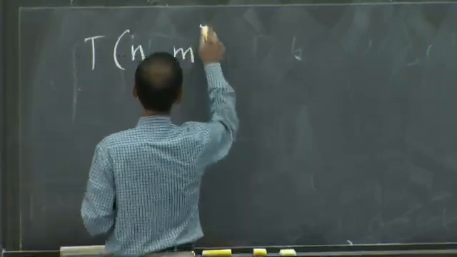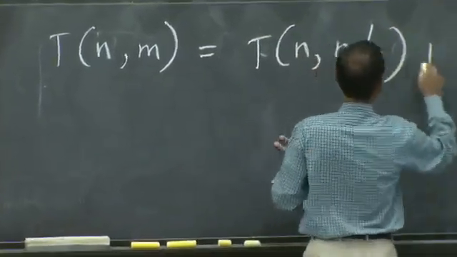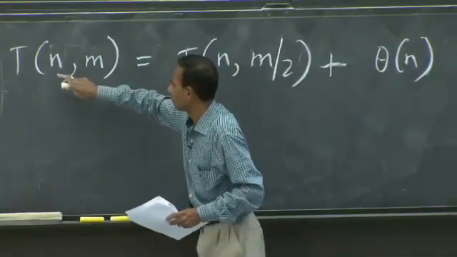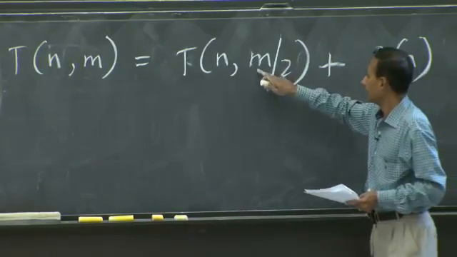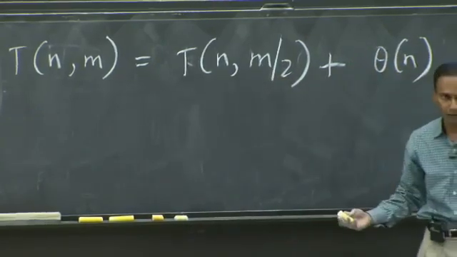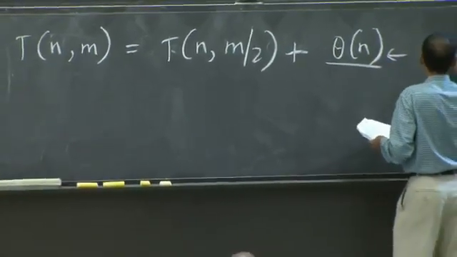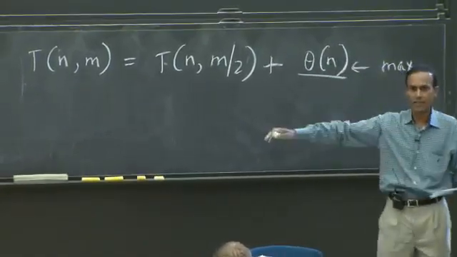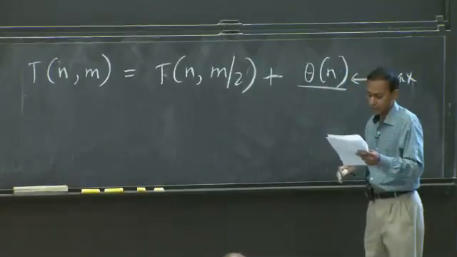All right, so overall what you have is something like T(n, m) equals T(n, m over 2) plus theta of n. Why is that? Well, n is the number of rows, m is the number of columns. In one case, you will be breaking things down into half the number of columns, which is m over 2. And in order to find the global maximum, you'll be doing theta of n work, because you just have to scan it. That's what it's going to take.